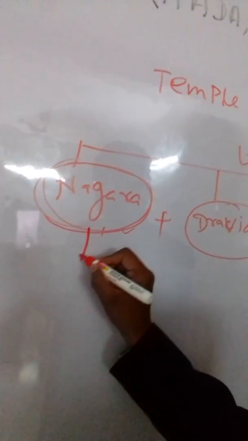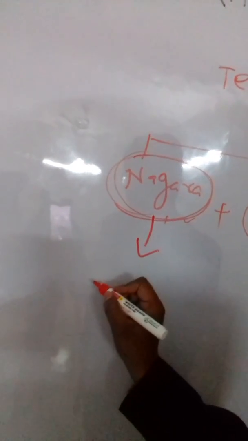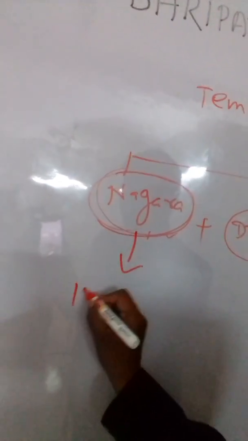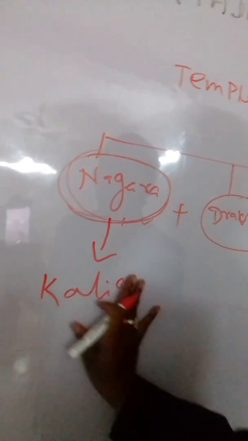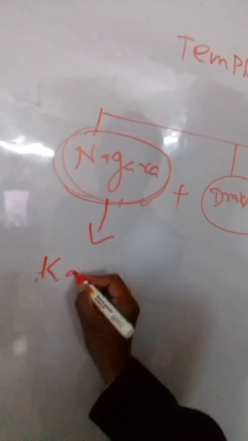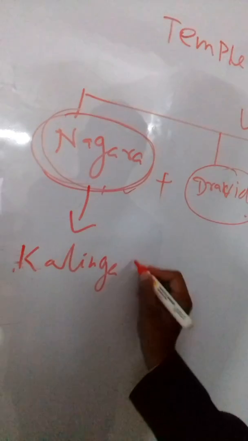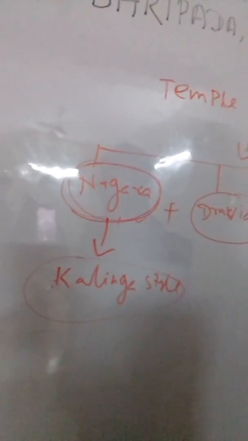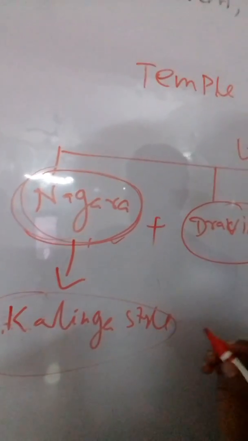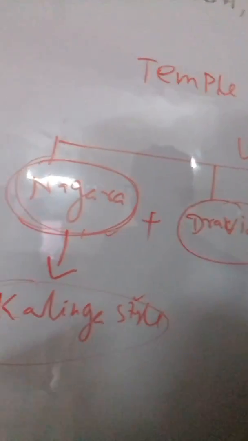But it is best known in our region of Kalinga as the Kalinga style. So the temples found in Odisha are known as the Kalinga style of temples.